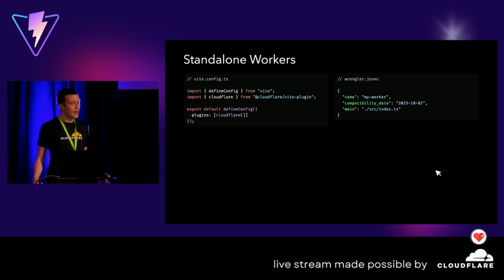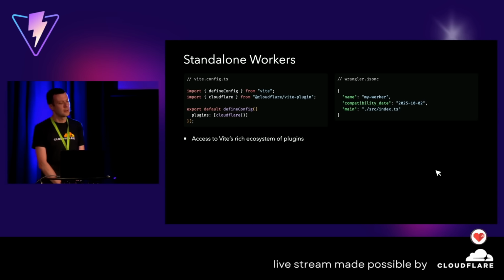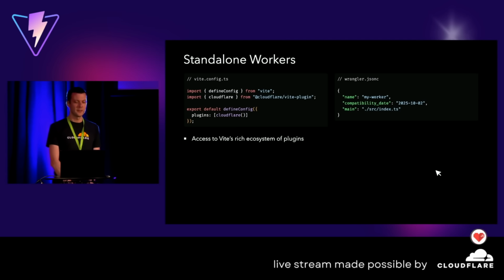So anyway, if you've deployed, and a lot of you, it seems, have deployed workers before, you probably use Wrangler. There are a few reasons why you might want to reach for this instead. You don't have to, but if you wanted to, one is you immediately have access to Vite's rich ecosystem of plugins. So you can integrate it with other parts of the ecosystem that you might already be using.